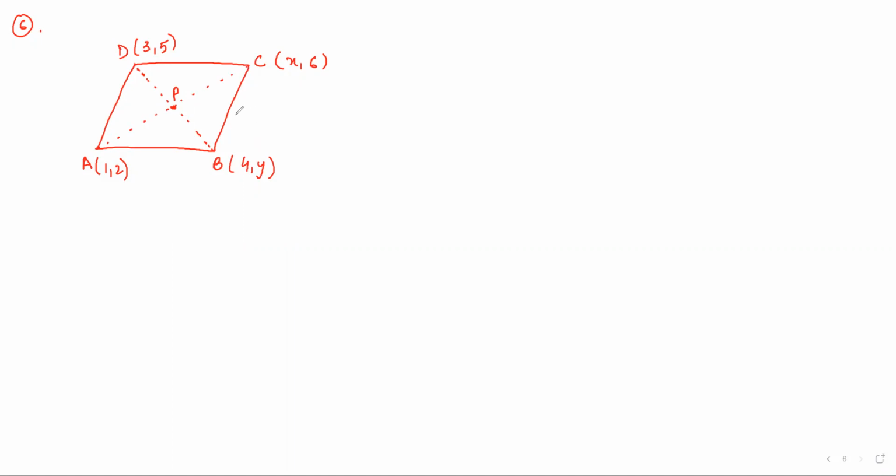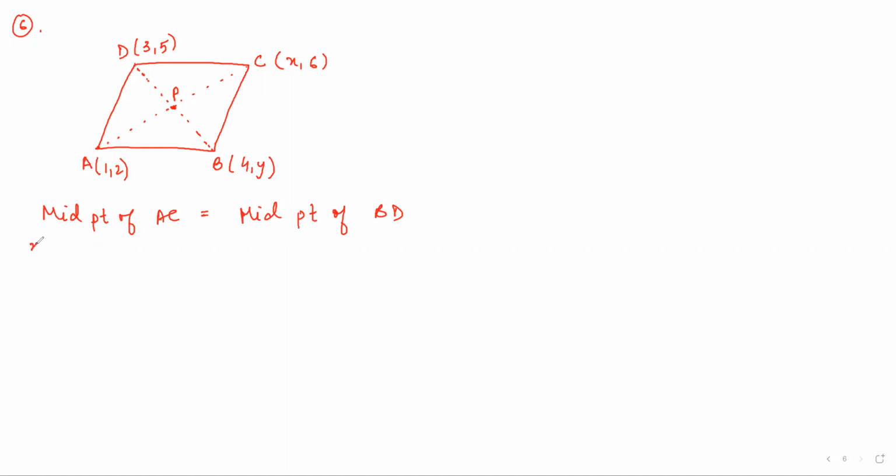And diagonal BD divides AC into two equal parts, so P is the midpoint of AC also. So in this question, the midpoint of AC is equal to the midpoint of BD. Now you can write the coordinates directly.